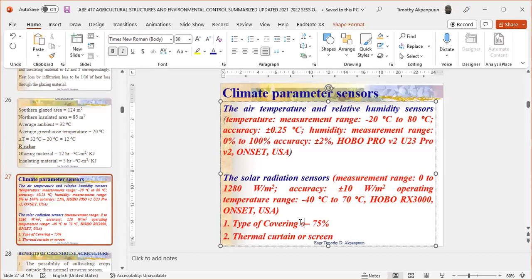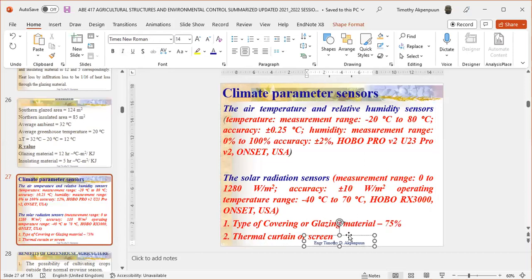So either you call them covering material or glazing material, right? And then you have thermal curtains or thermal screen.